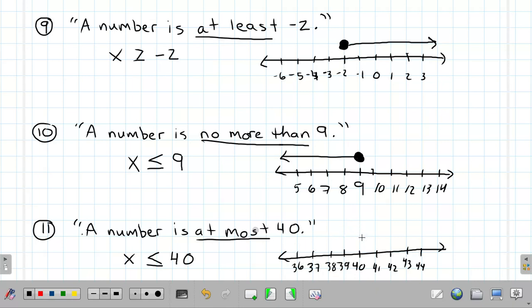So you'd start at 40. This number can be at most 40, so it could be 40, but it's also anything that's less than 40. If it's at most 40, then the maximum amount it can be is 40. It can't be anything more. Okay?